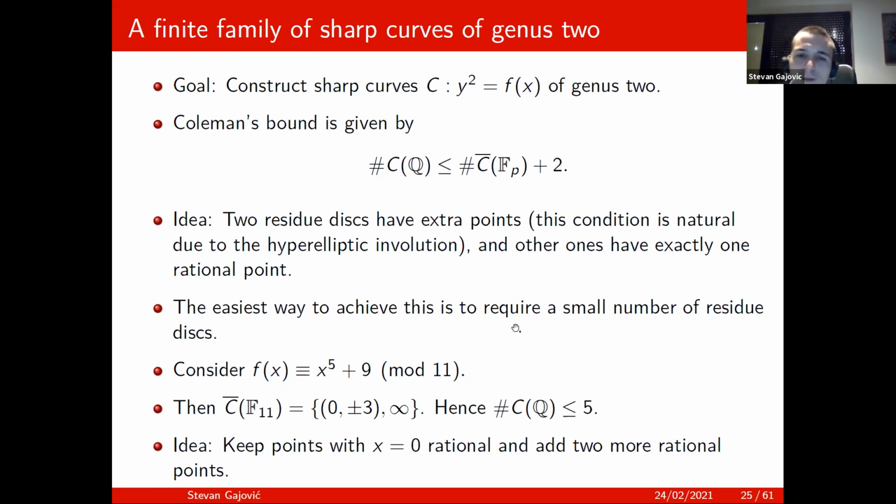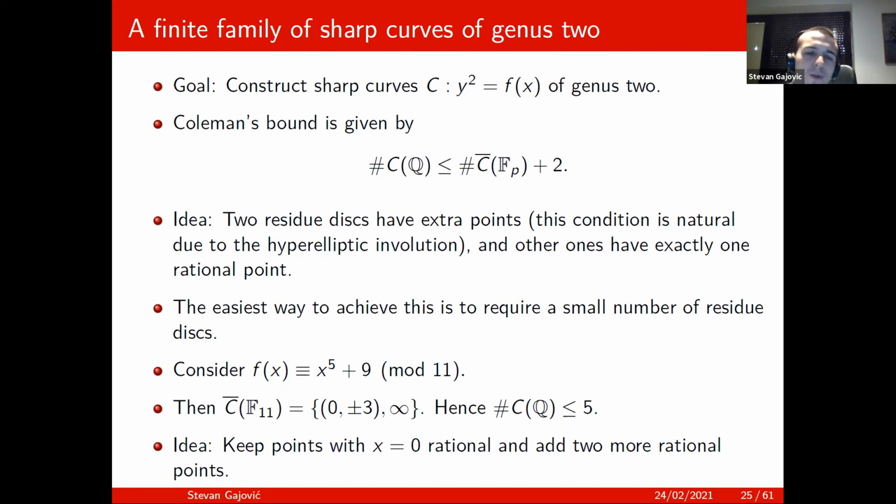So prime 11 is not an arbitrary prime. This is picked on purpose because then we can easily control some polynomials of degree 5 modulo 11. And the number 9 is chosen because 8 and 10 are not quadratic residues modulo 11.